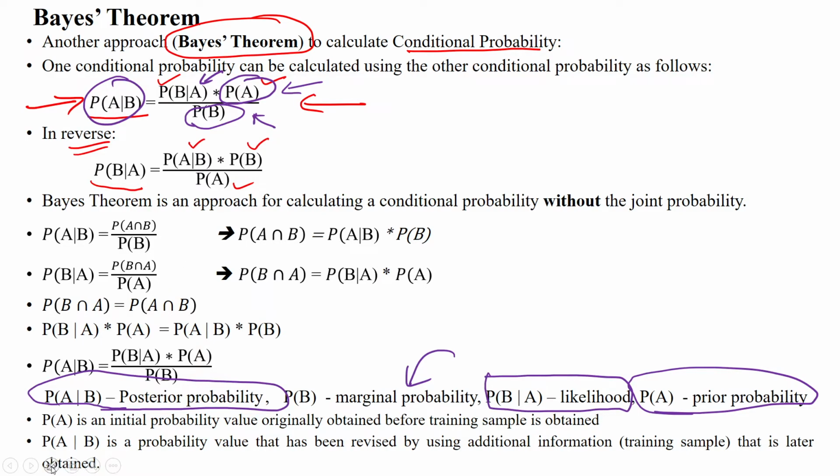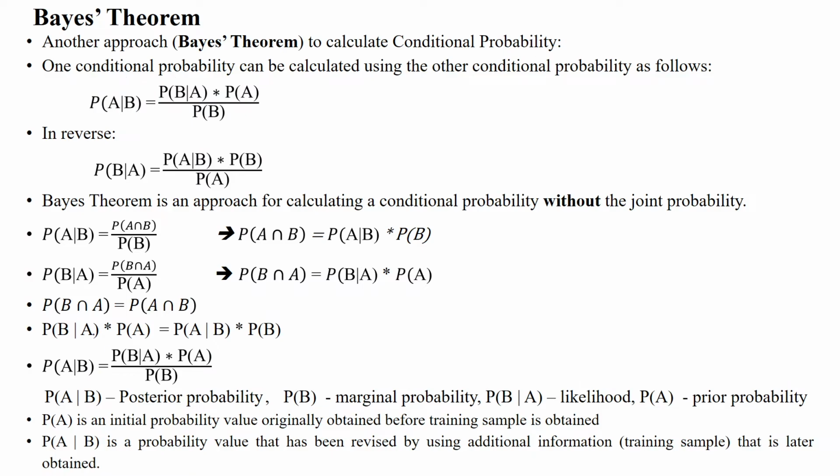This can be derived by using the joint probability also. You look at that. So this is using the joint probability.